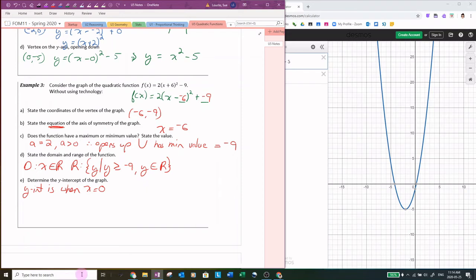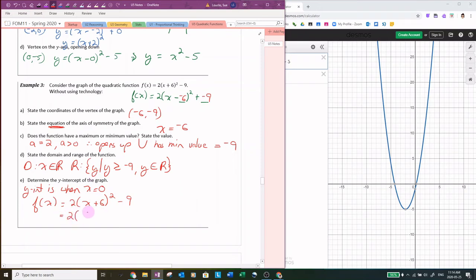Okay. So we're just going to take the equation, which is f of x equals 2 times (x plus 6) all squared minus 9. And we're going to change that x to a 0.